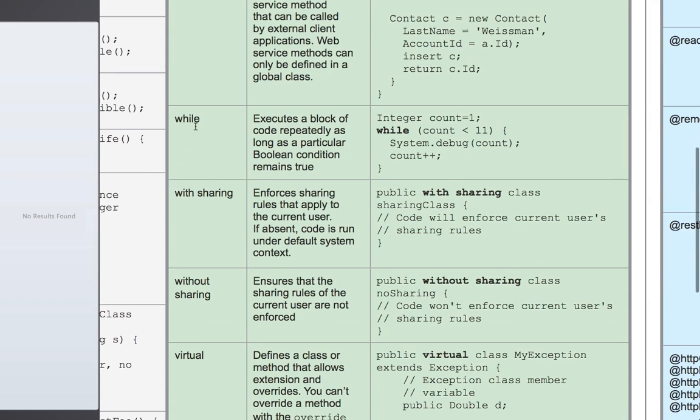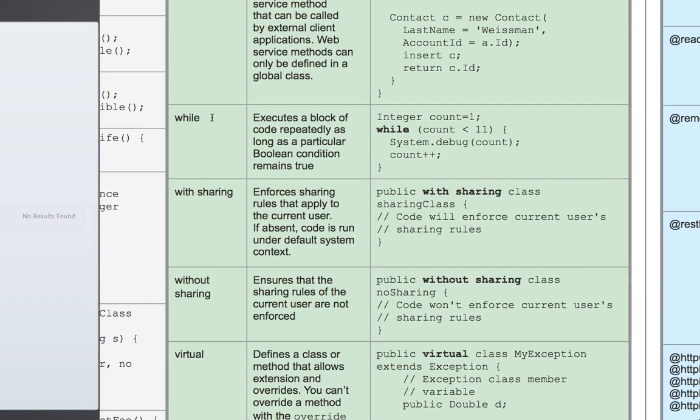Okay, and do while. I see the do while loop also. Do while is a different loop, and while is a different loop. In the do while, it runs System.debug at least once, even though the condition is not true, because the condition is at the bottom in the do while case. In the while case, if the count is already 12, this won't be executed.